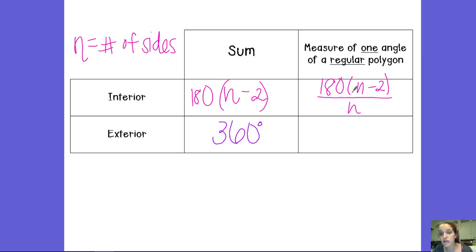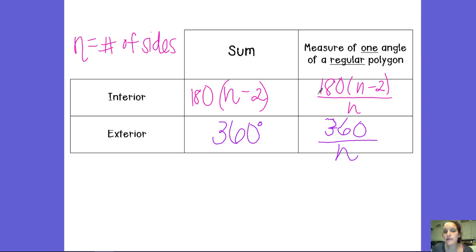So it's a very similar concept to finding each individual interior angle for a regular polygon. If you take the total and divide it by the number of angles, it's going to give you the measure of each individual angle of a regular polygon. So if I'm trying to find the measure of each individual exterior angle of a regular polygon, I'm going to take the total, which is 360, and divide it by the number of angles. So this chart is really helpful.